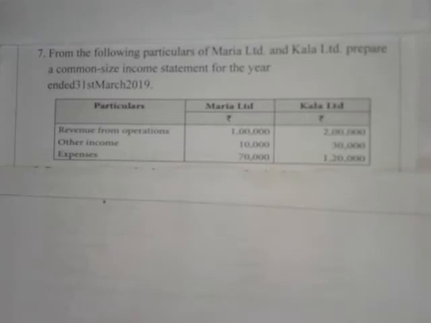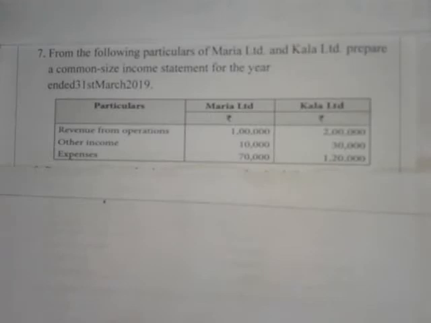From the following particulars of Maria Limited and Kala Limited, prepare a common size income statement for the year ended 31st March 2019. Particulars, Maria Limited, Kala Limited is given. Revenue from operations 1 lakh, 2 lakh.